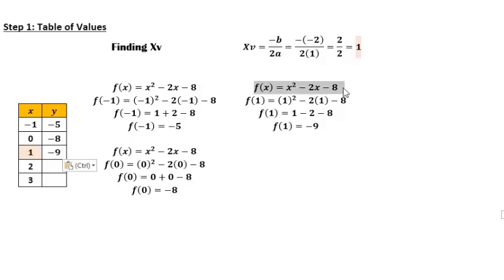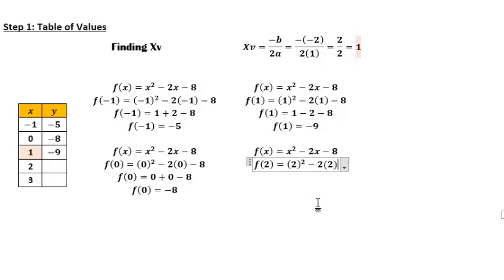I copy the formula again. You notice that's basically what we have to do in each one of the steps. Remember that we're not using calculator, so you have to do this process manually. You're going to have to use mental math. Okay, after 1 I have number 2, that's the one I'm going to work with. Instead of the x I'm going to put positive 2 inside parentheses.